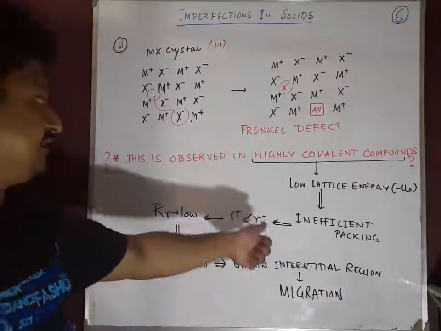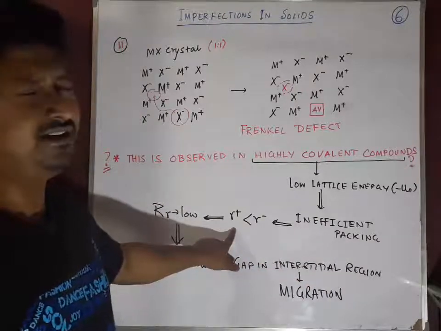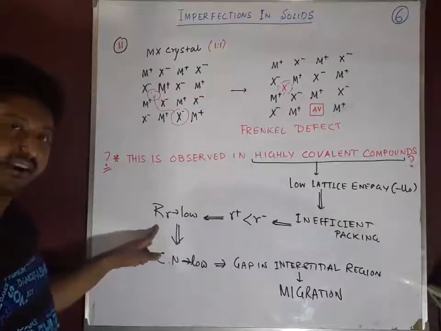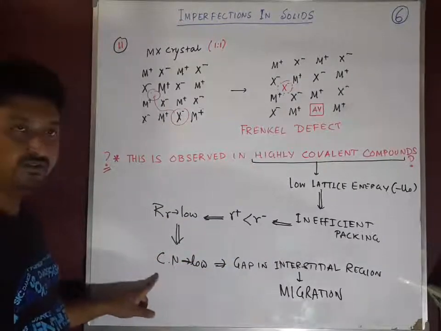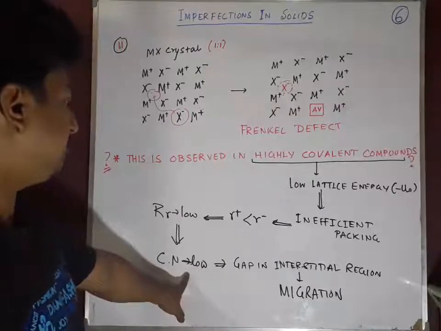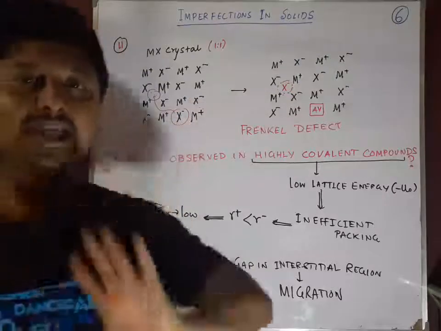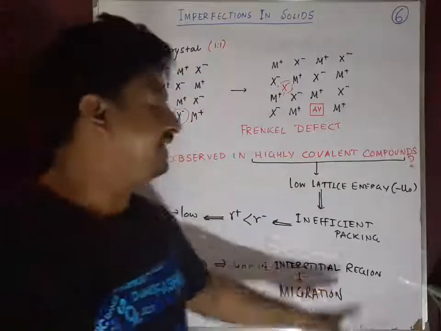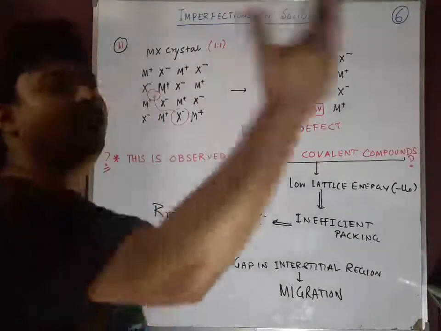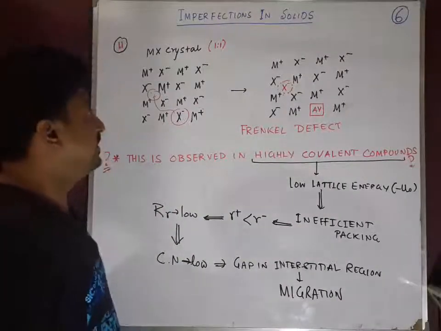Due to the low lattice energy, there will be inefficient packing, which leads to the radius of cation being lesser than radius of anion, and then to a lower value of radius ratio, which leads to a lower value of coordination number. This lower coordination number leads to a big gap, that is void spaces in the interstitial region, and for stabilization the atoms will migrate to that place, leading to the Frenkel defect.